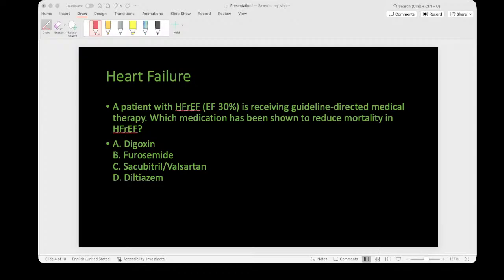You typically want to avoid calcium channel blockers such as diltiazem when it comes to heart failure. When you're blocking the calcium channel, calcium's not able to go in, there's less calcium, less contraction, so it's not going to be of any benefit there. So it's better to avoid that choice for this type of question.